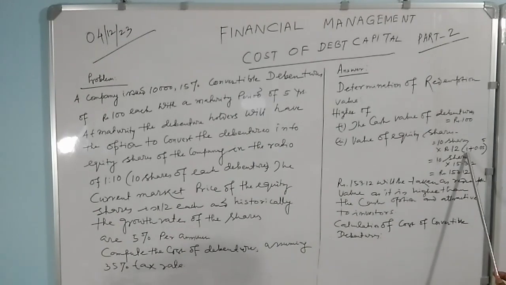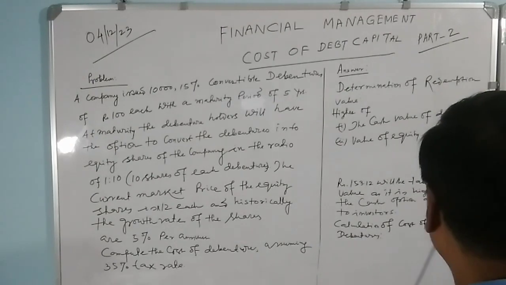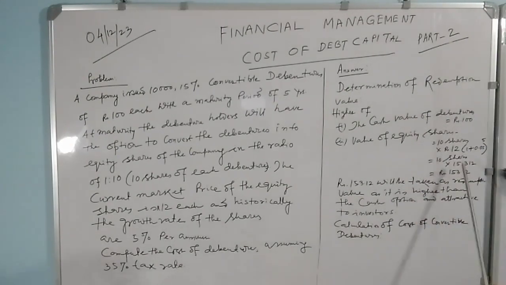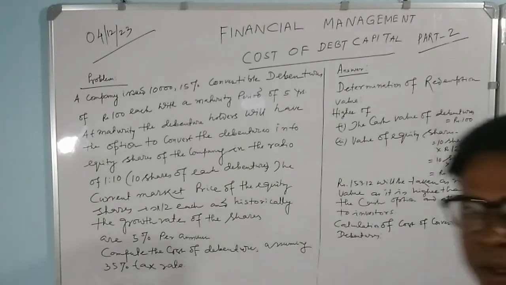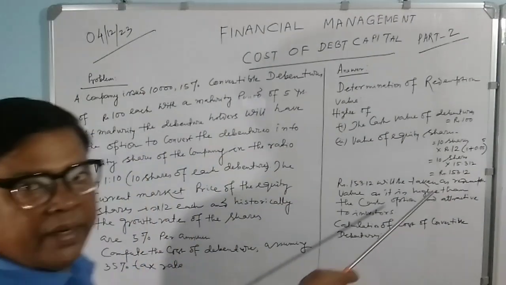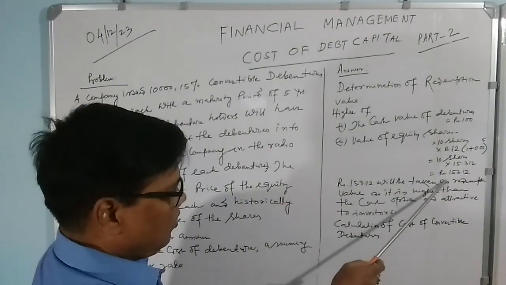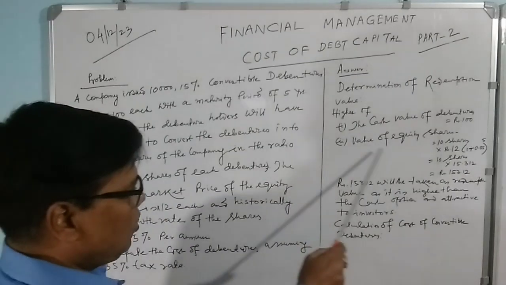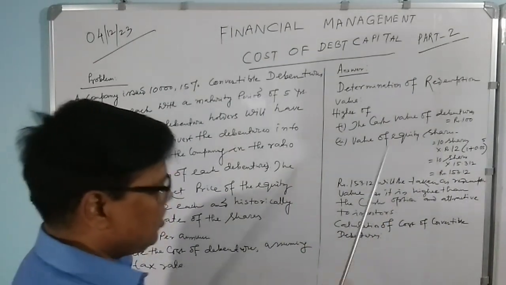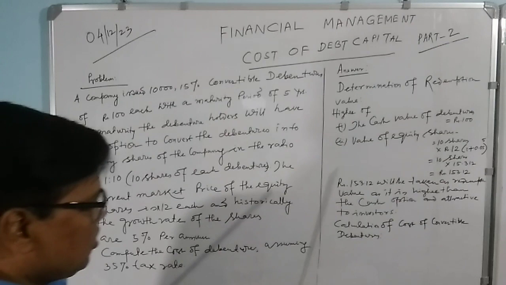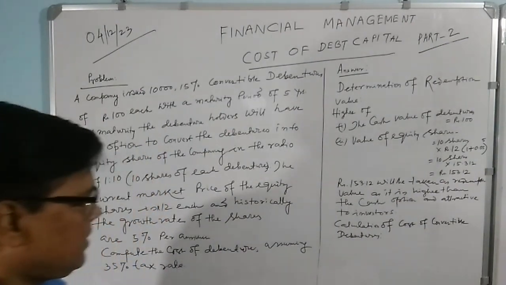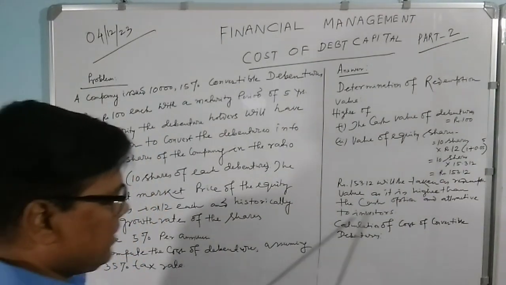So formula-wise, 1 plus 0.05, that is the growth rate, to the power 5. So 10 into this, if you solve 1 plus 0.05 whole to the power 5, it will come to 10 into 15.312, which is about 153. So the value of equity shares on maturity will be 153. Thereby 153 will be taken as the redemption value, as it is higher than the cash option.